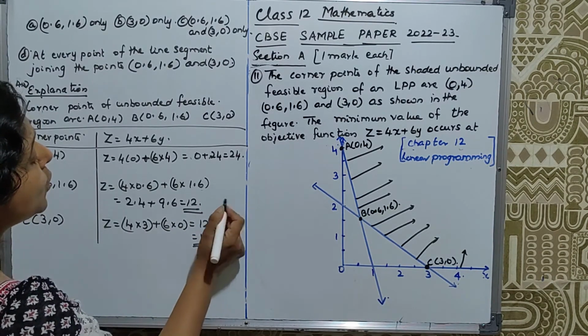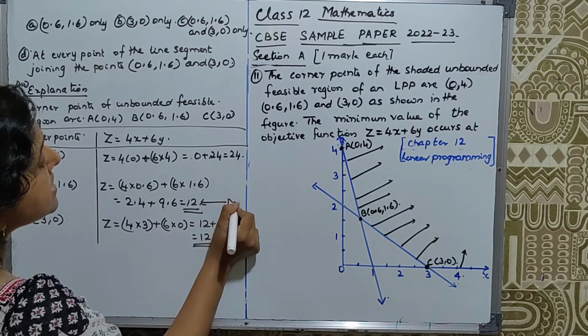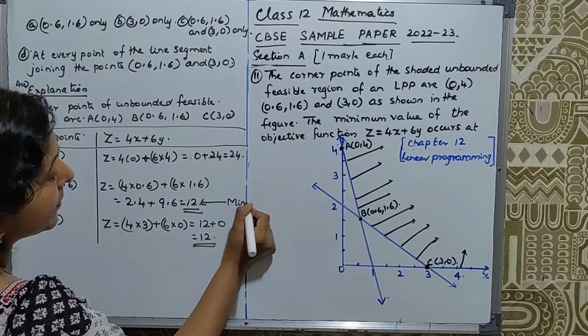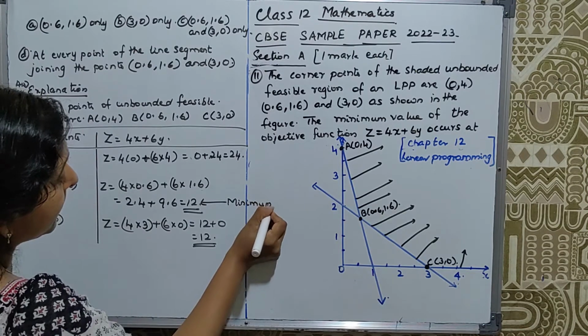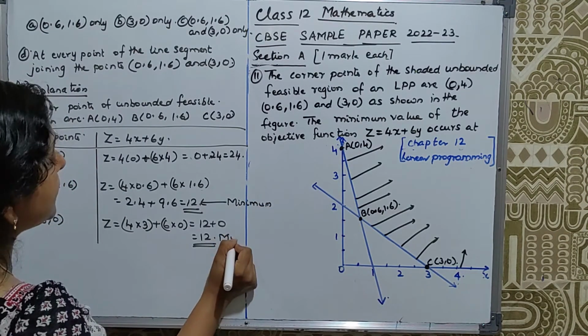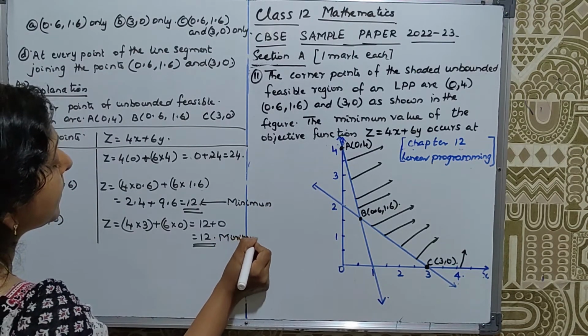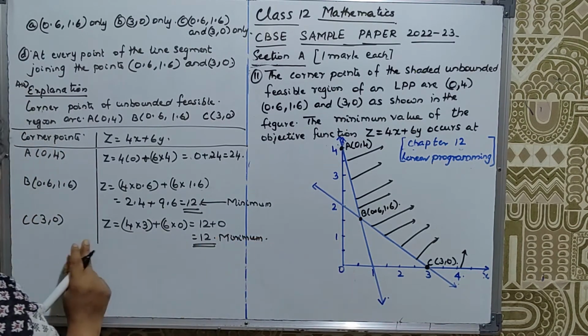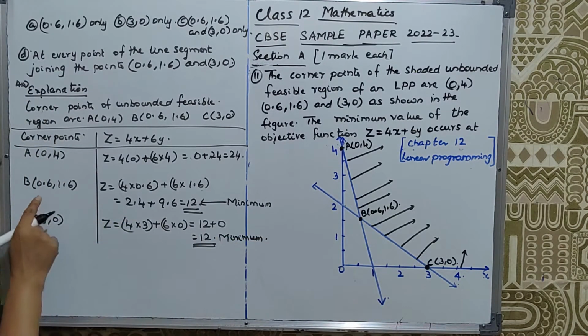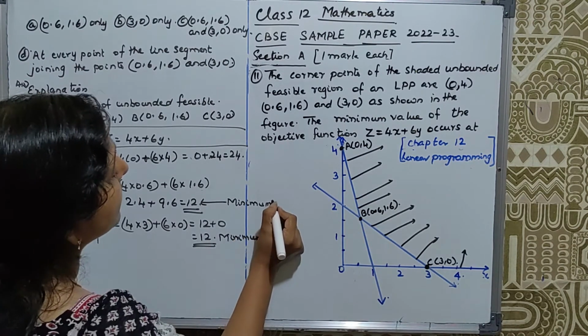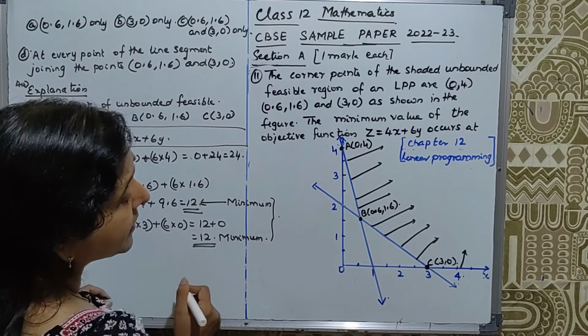So there are two minimum values. 12 is a minimum value here, and the next 12 is also a minimum value. So we get two minimum values at points B (0.6, 1.6) and C (3, 0), so we get multiple minima.